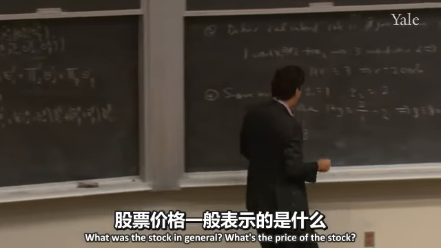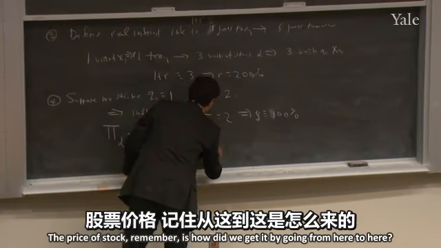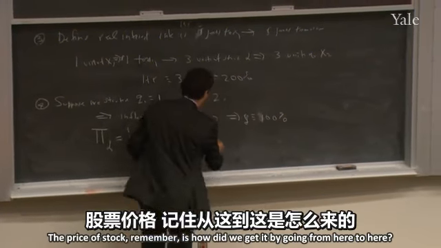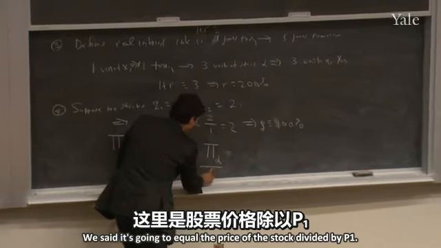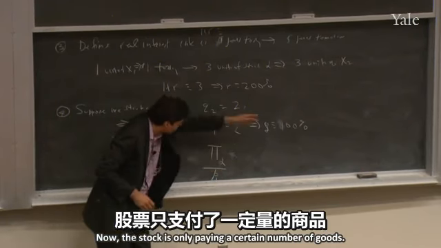Well, what was the stock in general? What's the price of the stock? Remember, how did we get it by going from here to here? We said it's going to equal the price of the stock divided by P1. Now the stock is only paying a certain number of goods.